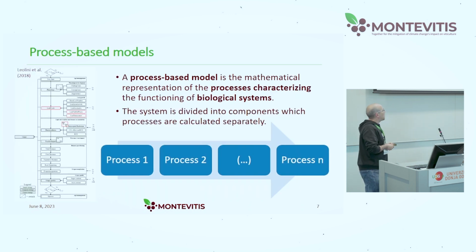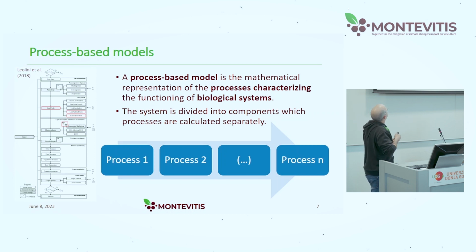Then the second one is a process-based model, which are most of the models that we use, especially STICS, or for example, unified APML, which is this one. This kind of model is characterized by the processes inside the interaction of the plant.